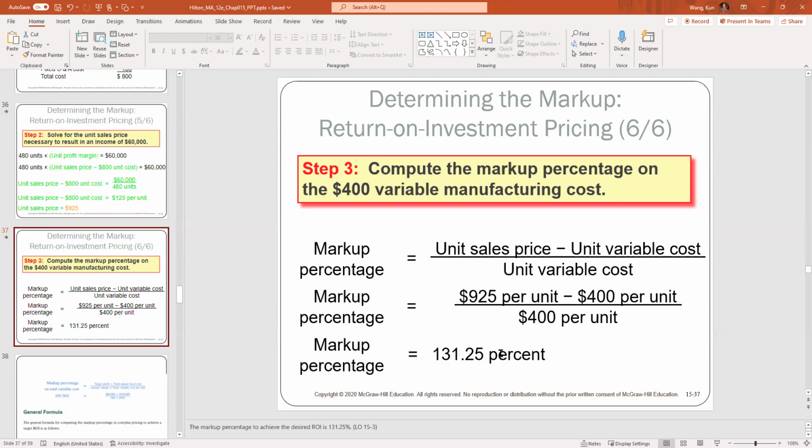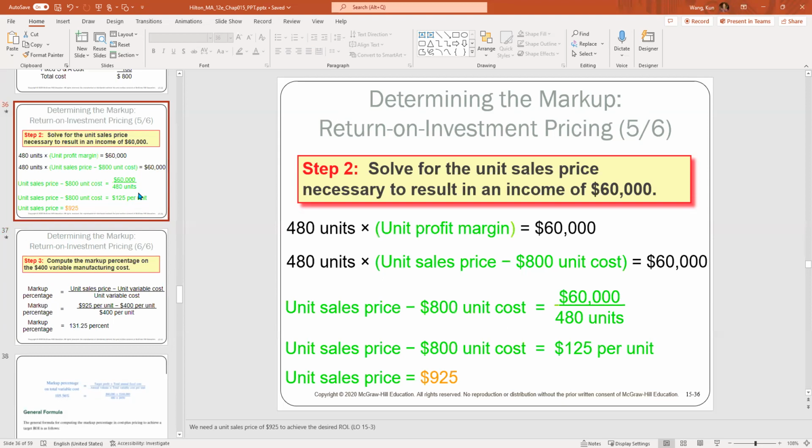So you may wonder why, if you use a different cost layer, you end up with the same $25 sales price. Because the $25 is determined by your targeted profit or your expected investment return. That's your target return or targeted profit.